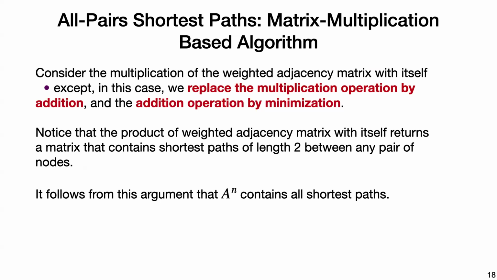But we are going to change the operations in the matrix multiplication. In regular matrix multiplication, we multiply the elements and then add to combine them. But here, we're going to change multiplication to become addition, and the addition changes to min. So the time complexity doesn't change at all. This is just changing the operations. Does that make sense?